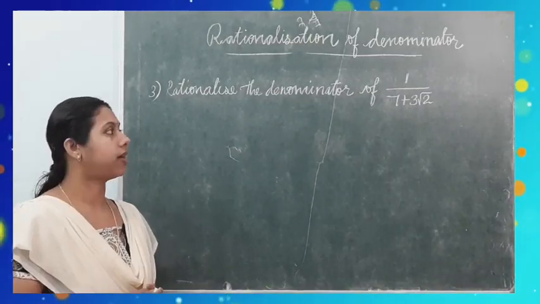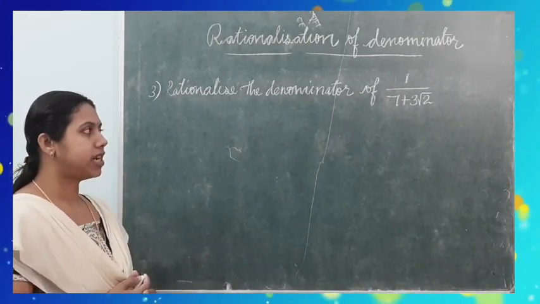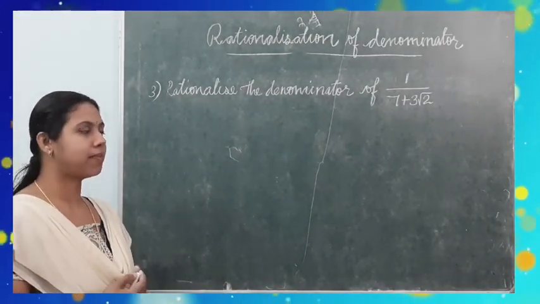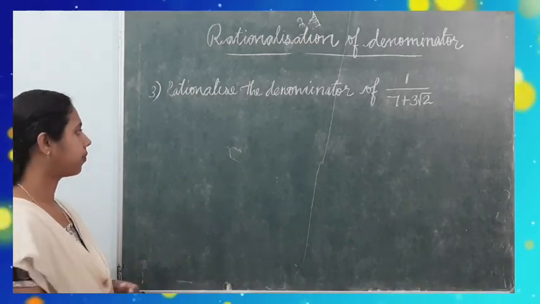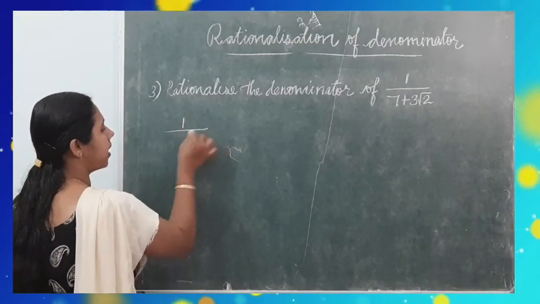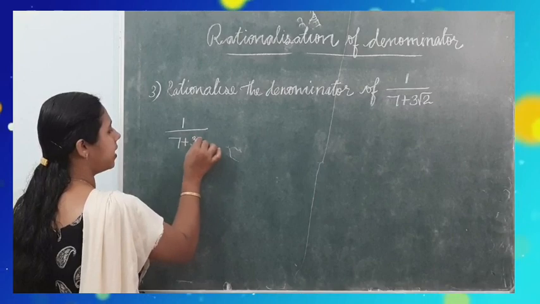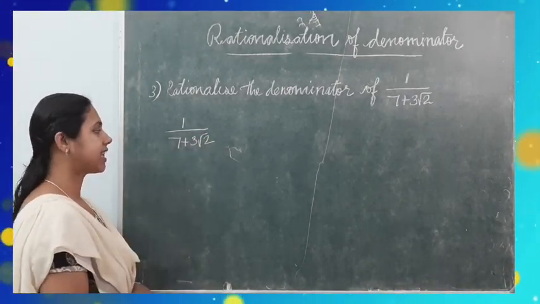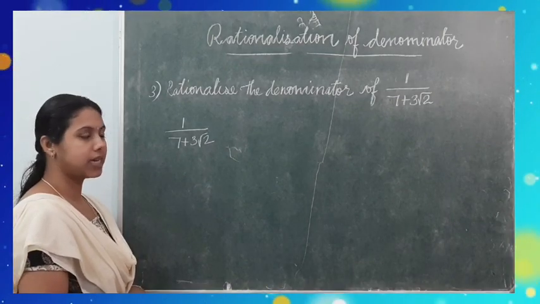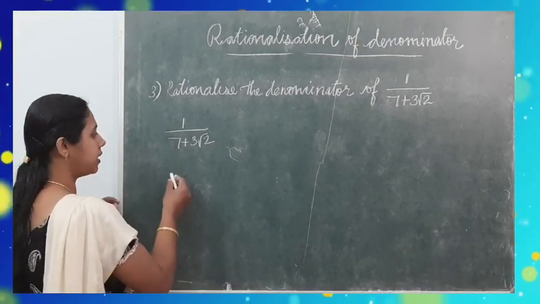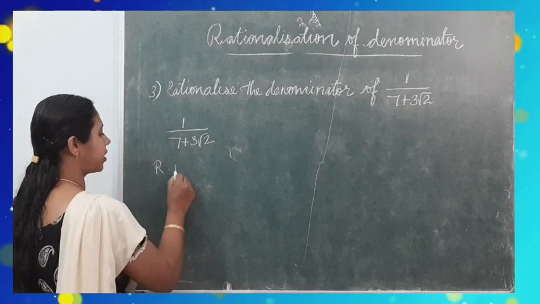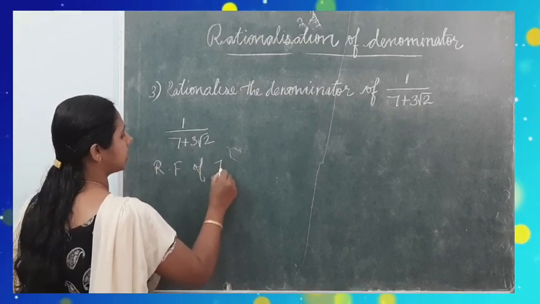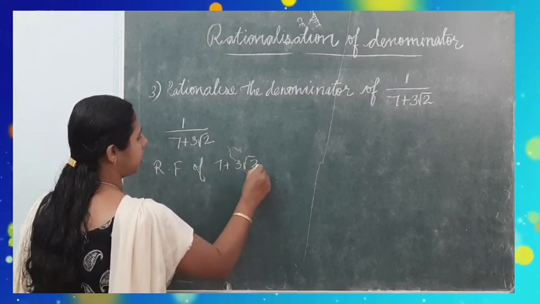See the next question. Rationalize the denominator 1 by 7 plus 3 root 2. We know that the rationalizing factor of 7 plus 3 root 2 is 7 minus 3 root 2.